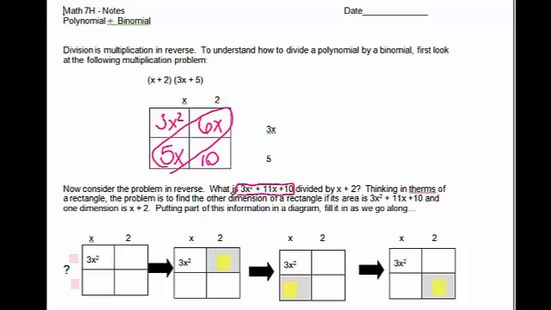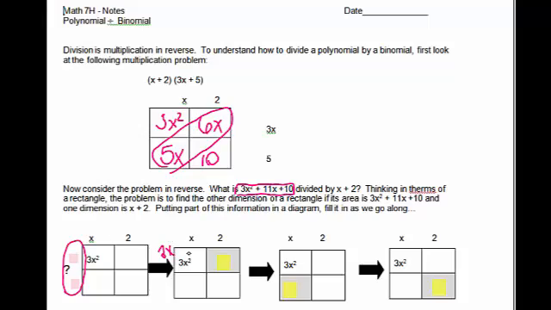But let's think about dividing that trinomial by x plus 2. If we think in terms of a rectangle, one of the dimensions would be x plus 2. How could we then find what this other dimension is? Well, we know that 3x squared is the product of x and something else. So the only way to get 3x squared from x and something else is if that something else is actually a 3x, right?